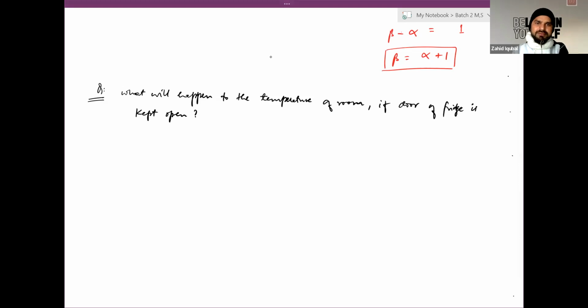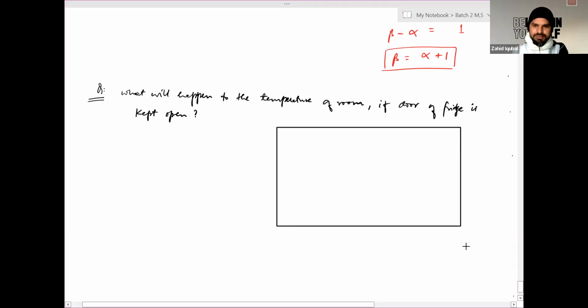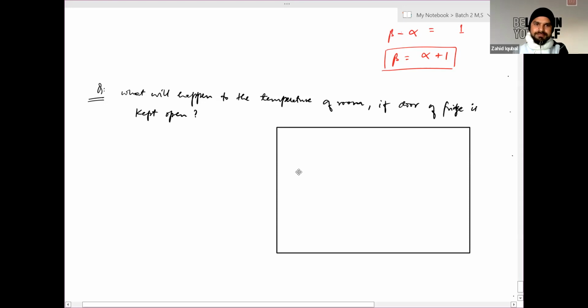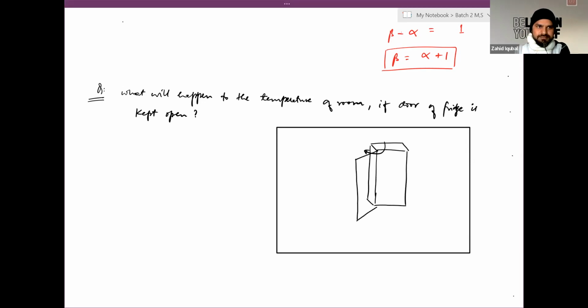Suppose you have an isolated room like this, in which there is a fridge whose door is kept open. So what will happen to the temperature of the room? Will it increase or decrease? Just think.